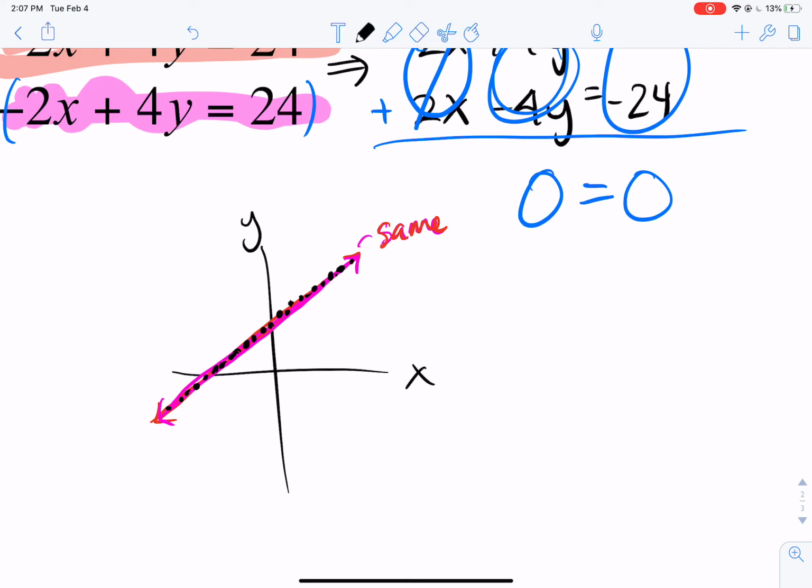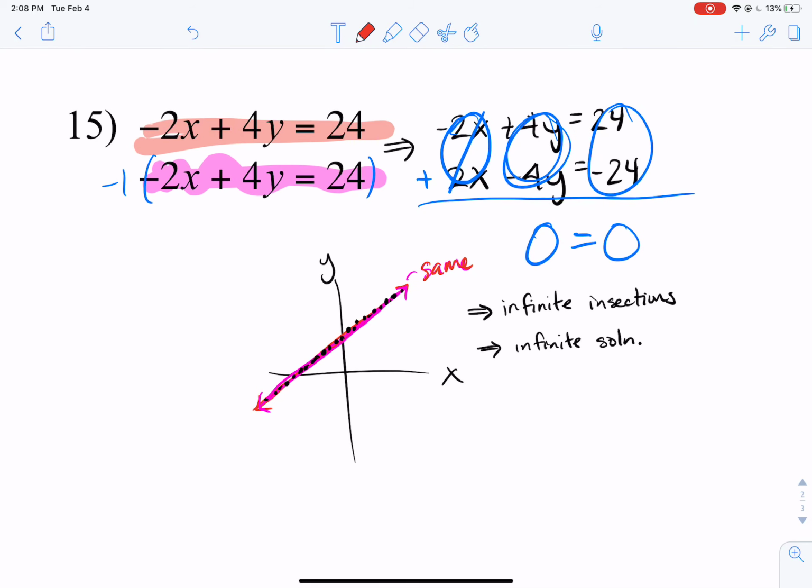So if they're the exact same line, that implies that there's an infinite number of intersections. And if there's infinite intersections, that implies that there has to be an infinite number of solutions. So that's exactly what we're going to write for this one right here, that there's an infinite amount of solutions, okay?